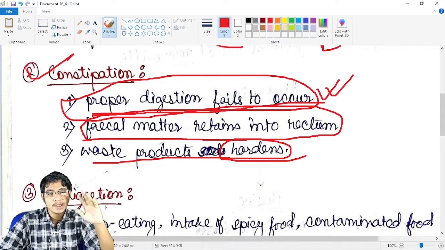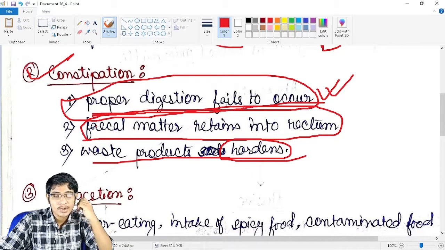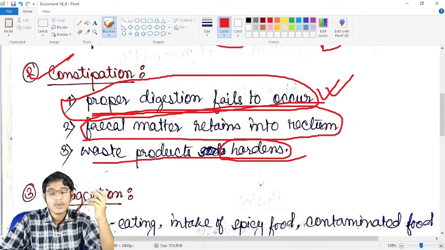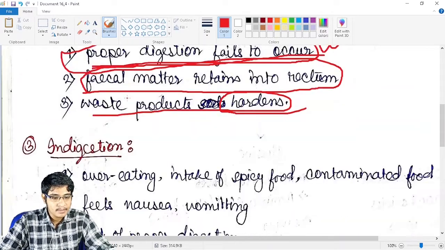For this reason this condition is very painful, and constipation is seen mostly in adults, older persons. Constipation is common in them, and waste products harden.